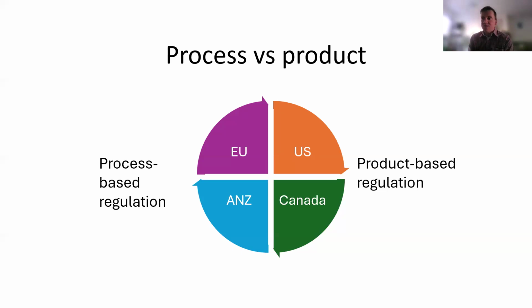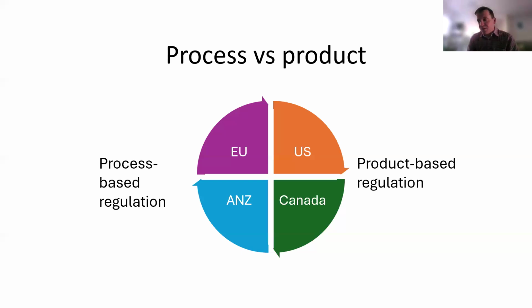So process means that you basically regulate the process, and there are countries that approach this from the process point of view, such as the European Union or member states of the European Union, Australia and New Zealand, as a few examples.